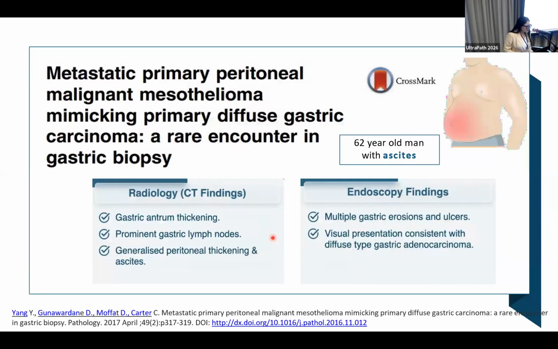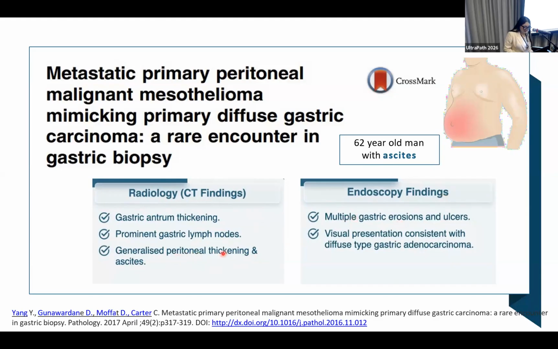This is another article, and they present a 60-year-old man with ascites. The imaging study shows a diffuse thickening of the gastric wall. They also found gastric lymphadenopathies and a diffuse thickening of the peritoneum.